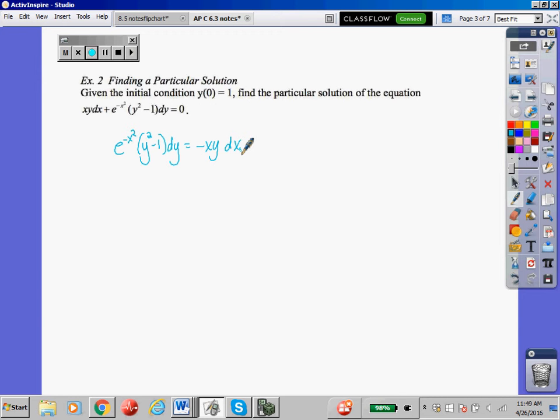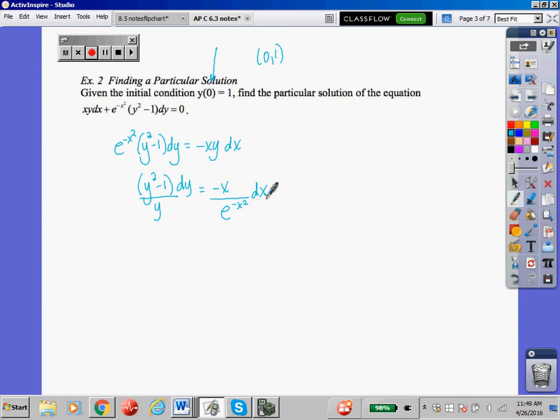So it says, given the initial condition y of 0 equals 1. Do you understand that that's a point? Okay, y of 0 equals 1 is really 0, 1. All right, now I'm trying to separate. So I'm going to divide by y, and I'm going to divide by e to the negative x squared.